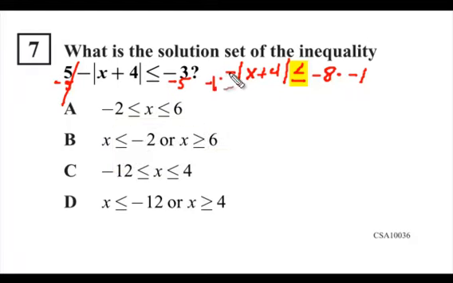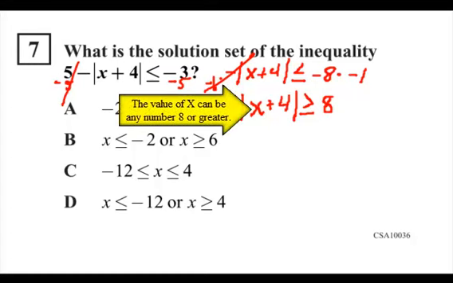So negative 1 times negative 1 cancels out, leaving us with the absolute value of x plus 4. We've got to flip the sign, greater than or equal to, and negative 8 times negative 1 is 8. So that leaves us with the absolute value of x plus 4 greater than or equal to 8.